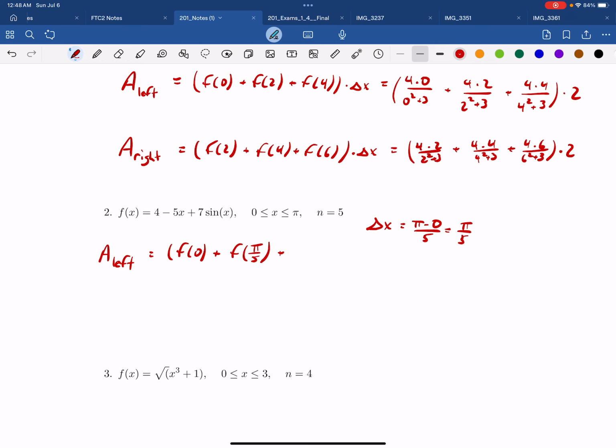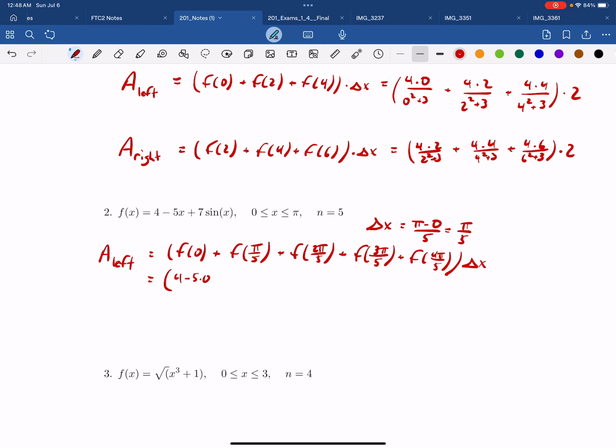And then we add pi over 5 to that and get 2 pi over 5. See how we're increasing by delta x each time? And we just keep doing this. And then eventually we multiply by delta x.